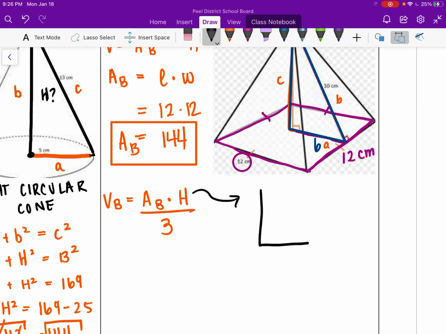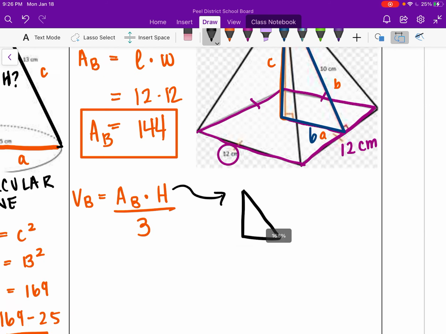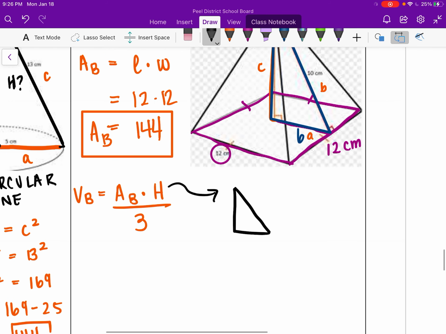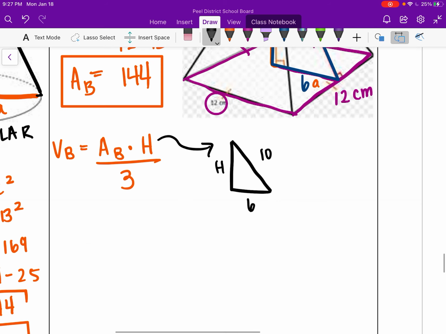I work better with triangles that look like this, so I'm just going to pull it out and work with it on its own. Okay, so let's see. The bottom is 6, the side is 10, and we're trying to find this height. I know this is A, or B, doesn't matter what you name it. That one has to be C, the 10, and this is going to be B.